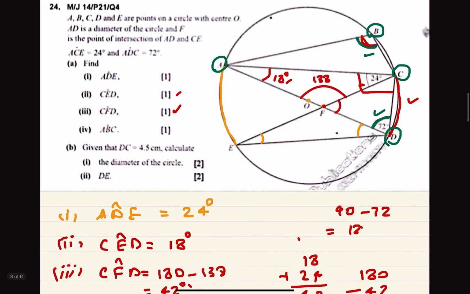Given that DC is 4.5 centimeters, calculate the diameter of the circle. This is basic trigonometry. This angle is 18, so you can easily apply opposite over hypotenuse.